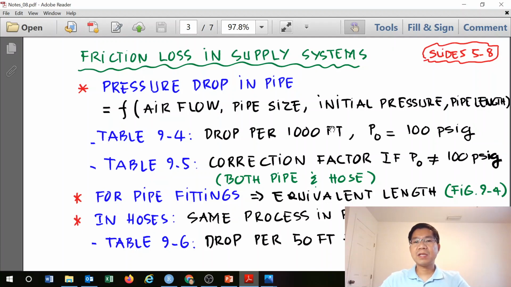So it's the same as here, but 9.4 is for 1,000 feet of pipe, and this is for 50 feet. If it is not 100 psi for the hose, go to table 9.5 to adjust for the correction because the initial pressure is not at 100 psi.